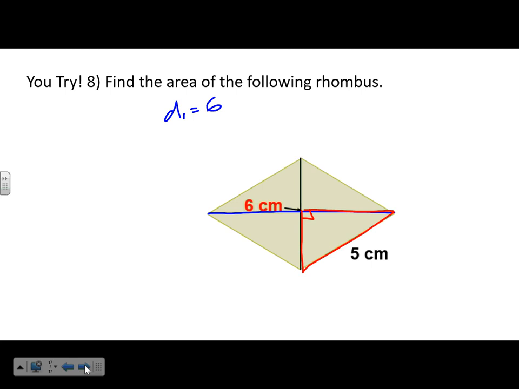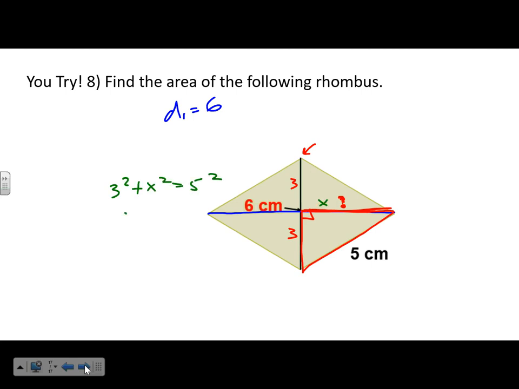So this side over here, oh, the whole side, oh, this is the side we're looking for. Sorry, I should have specified. This is the side, because I know this length is 6, so that means this is 3 and this is 3. So now this is the length that we don't know. Sorry, I thought 6 centimeters was labeling something different. So we have 3 squared plus x squared is equal to 5 squared.